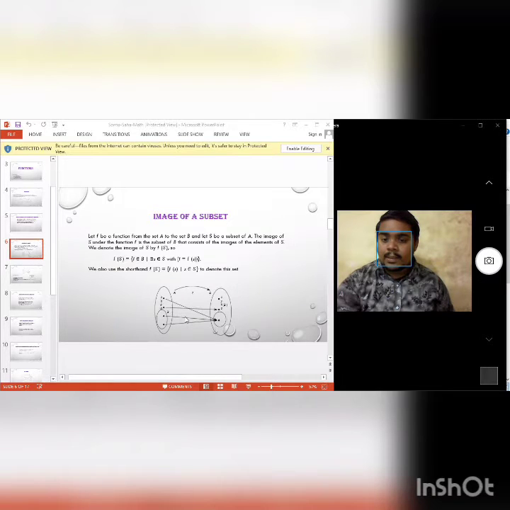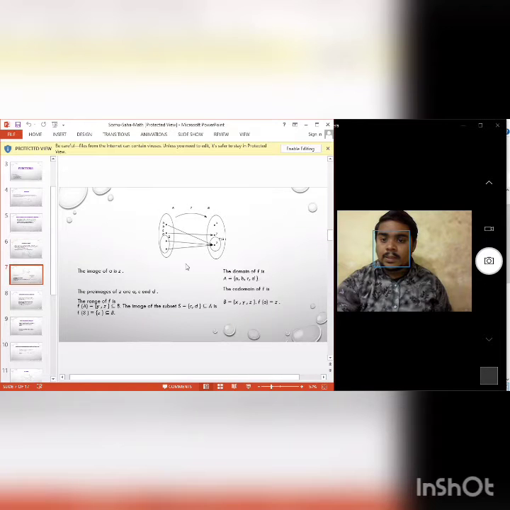So we can easily say that D is connected to Y. Here the image of A is Z and the image of D is Y. Also the preimage of Z is S. The domain of f is A = {a, b, c, d}.